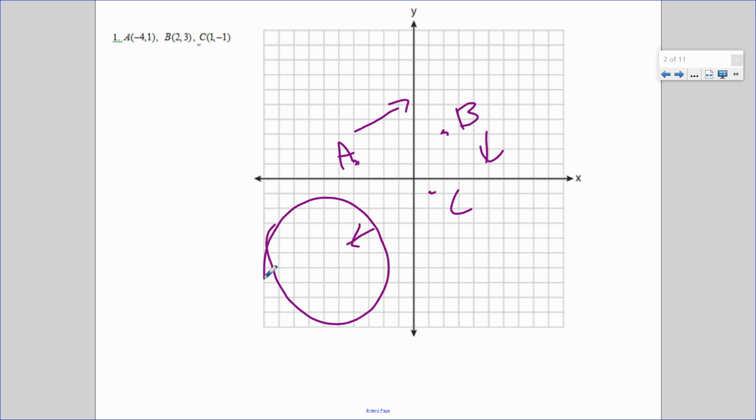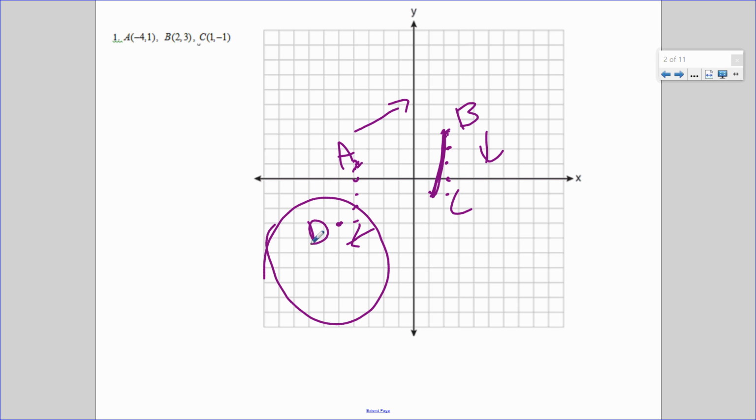Well, since I know in a parallelogram that opposite sides are congruent, whatever I do to get from here to here, I'm going to do the same thing over here. So to get from B to C, I'm going down 1, 2, 3, 4, left 1. From A, I'm going to go down 1, 2, 3, 4, left 1, and that's D. That's it.